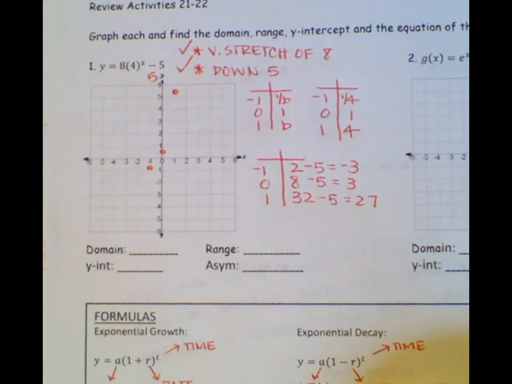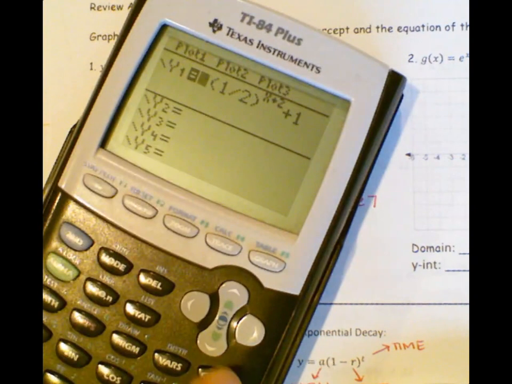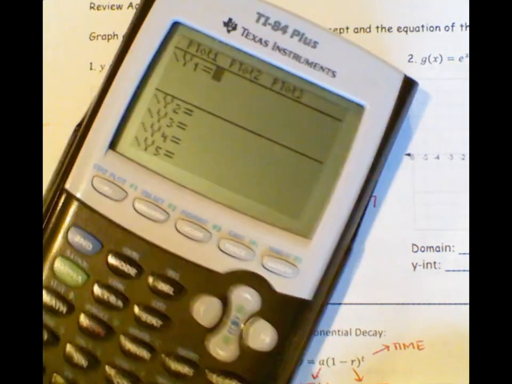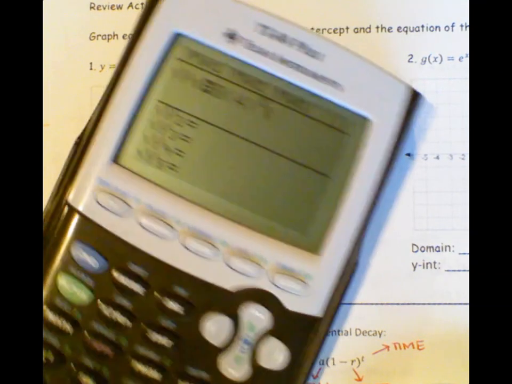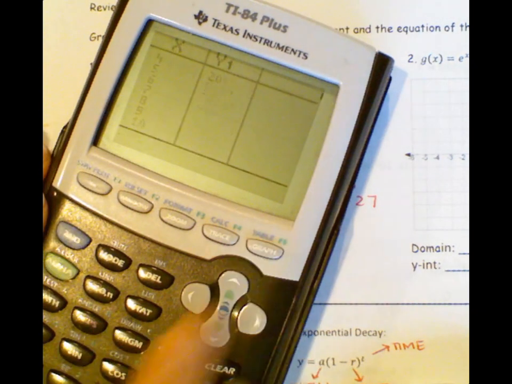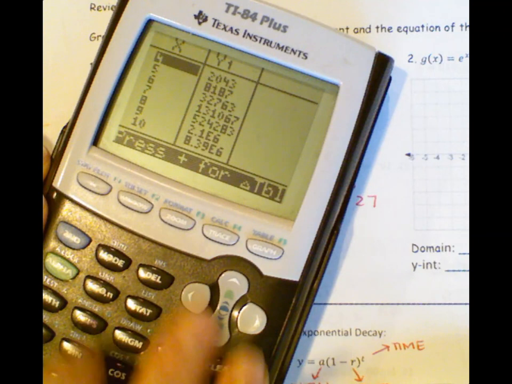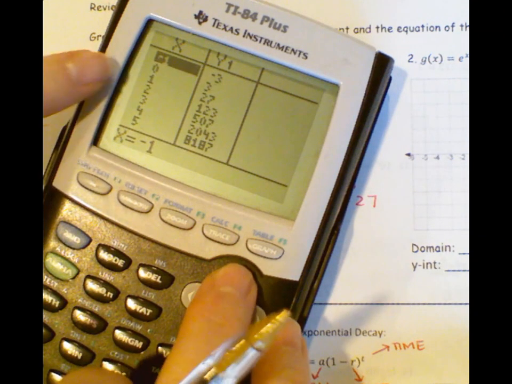Now, here are the dots. And at any point in time, you might wonder, what is my exponential equation approaching? So if I go to my graph, go to my y equals, I'm going to put that in my y equals. So 8 times 4 to the x minus 5. If I go second table, you should be able to see what your graph is approaching.